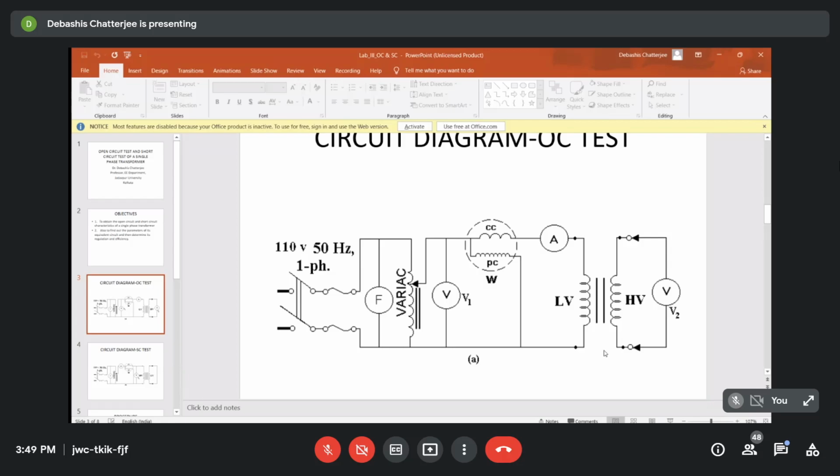So the leakage impedance, leakage reactance and the resistance are the only elements restricting the flow of current. Therefore from the short circuit test you will be able to determine the leakage impedance, that is the resistance of both the windings, and the leakage reactance of both the windings.